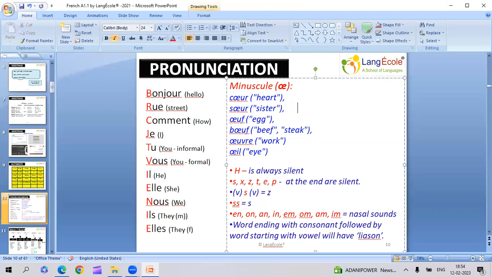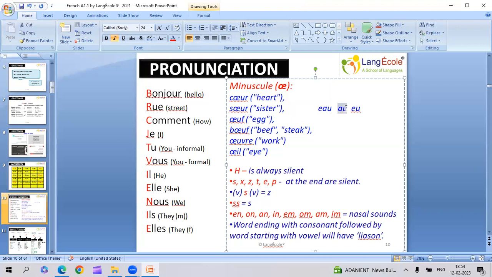If the combination is like this, or like this, or like this. So what happens with these kinds of combinations? Here there are three vowels together. You see? Three vowels together. Here there are two vowels together.